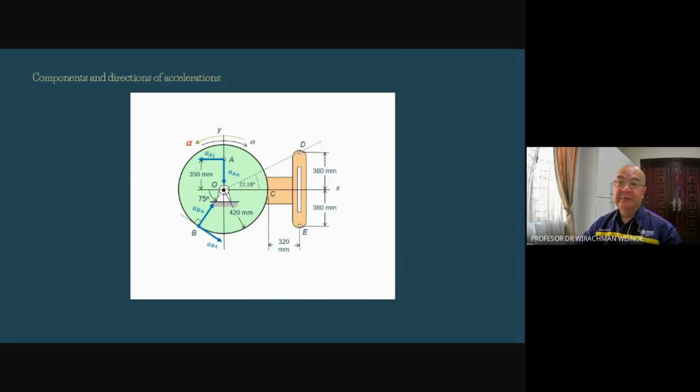The tangential will be perpendicular to that, directed upward. That is the perpendicular, so that is ADT, the tangential component. The normal will be directed towards O. And then point E. That is the perpendicular, that is the tangential component, and then the normal.